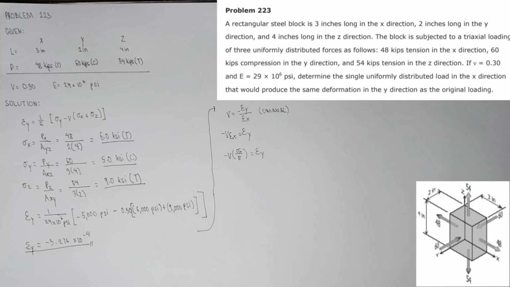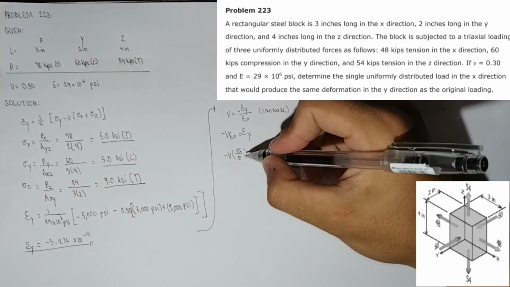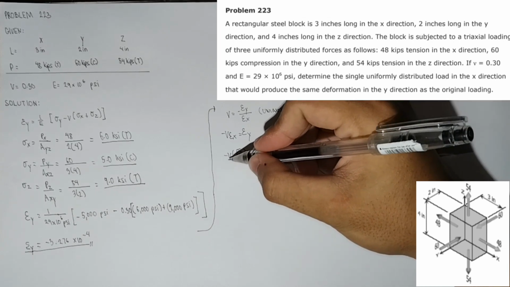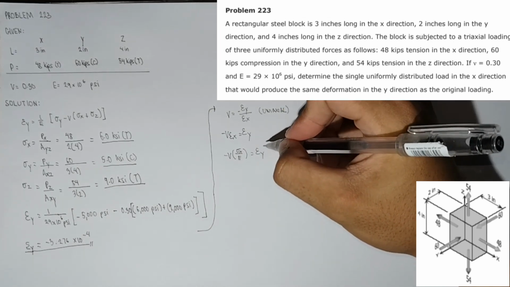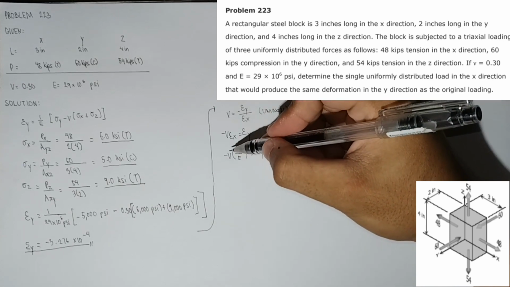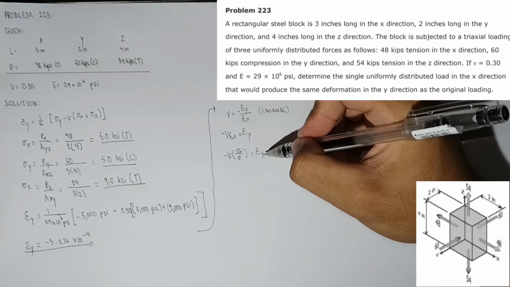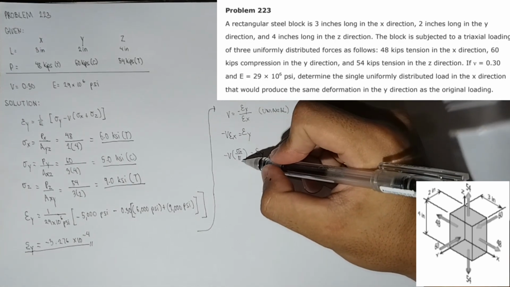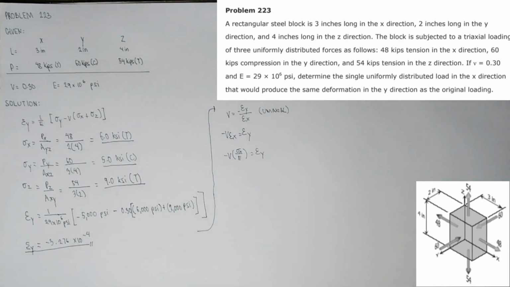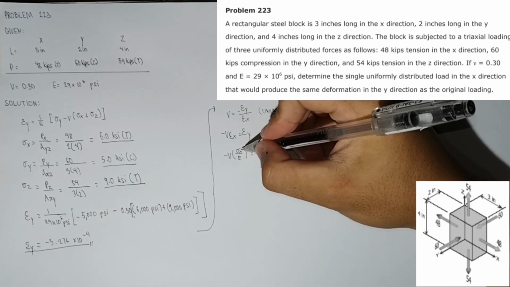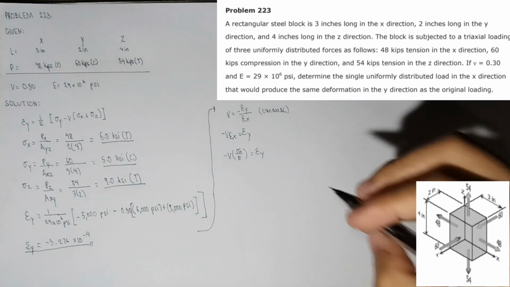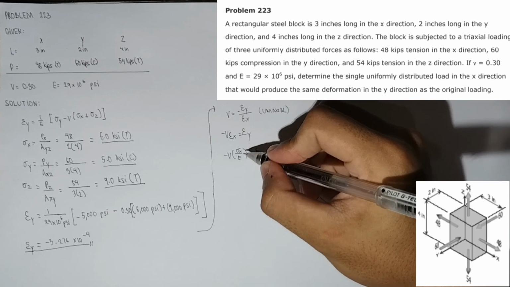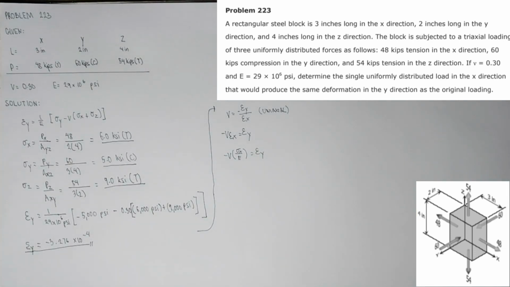Okay, now here we have three givens in this equation: Poisson's ratio, strain in y direction, and modulus of elasticity. What we are looking for is the value of the stress in x direction. So again, guys, let's manipulate and derive this formula.